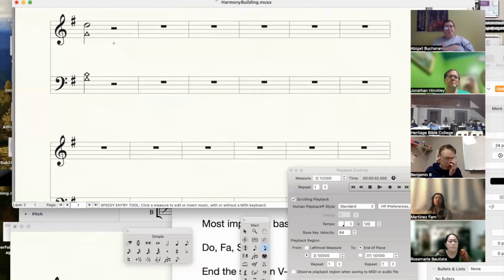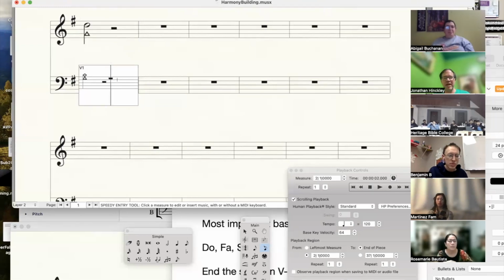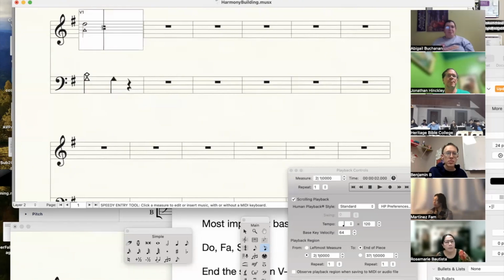Now I'm going to do the same thing, but this time, I'm going to add a different note in the melody. And this time, I'm going to use the next one down.